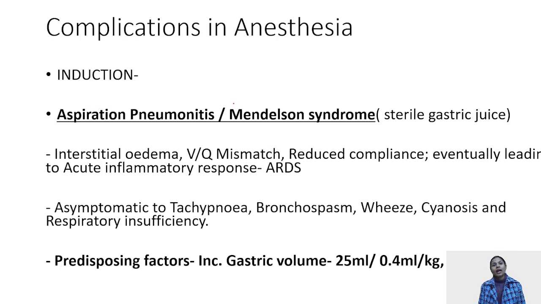Mendelssohn syndrome or aspiration pneumonitis, as the name suggests, is the aspiration of sterile gastric juices into the lungs, which leads to pneumonitis. What actually happens in pneumonitis is that, because of the sterile gastric juice, we have an acute inflammatory response that leads to interstitial edema, then ventilation perfusion mismatch.